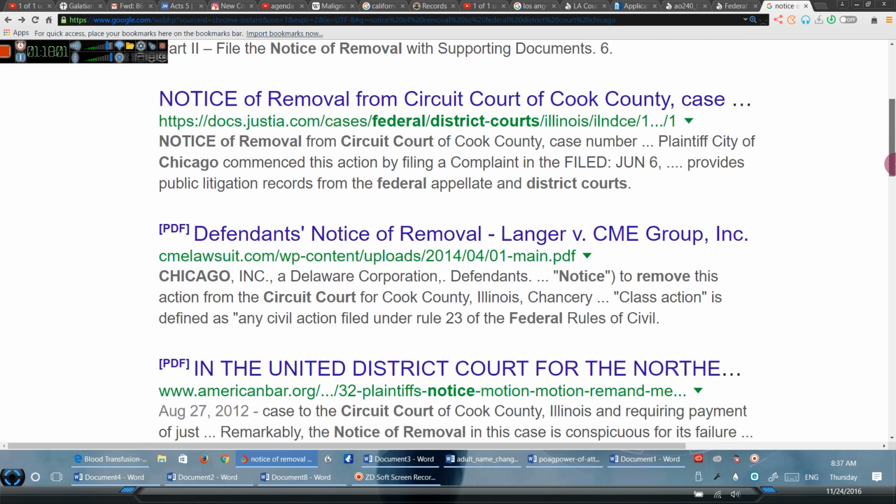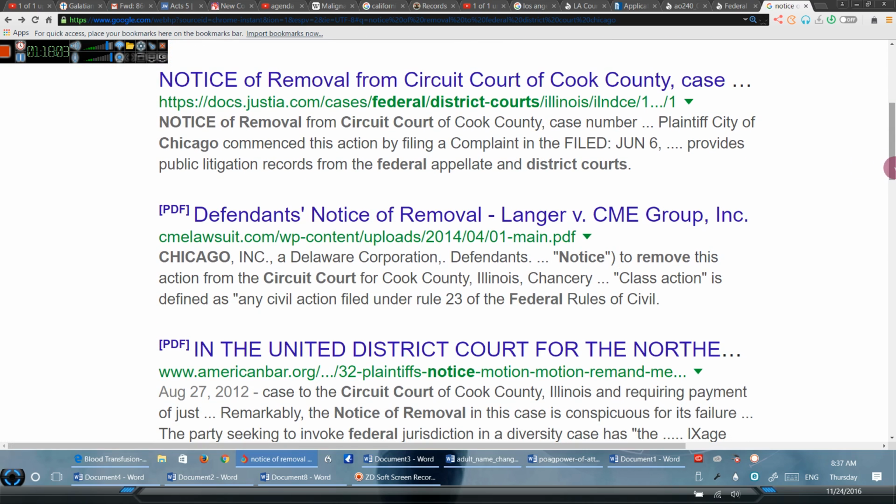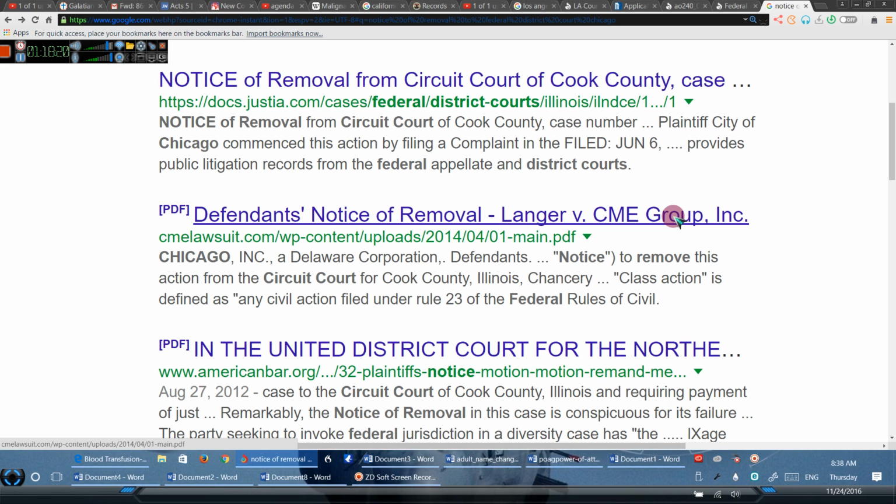Notice of removal from Circuit Court of Cook County case. And let's see, who's this case with? Defendant Langer versus CME Group. Chancery. Actually, ladies and gentlemen, I pulled up a little bit more information than I did the first time.